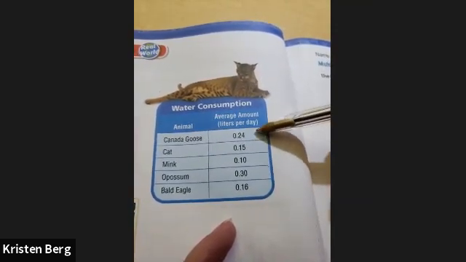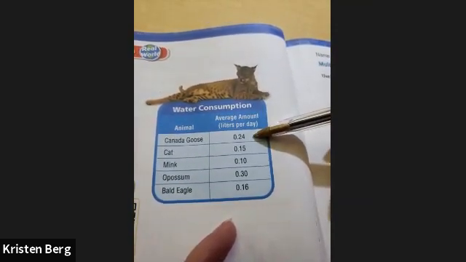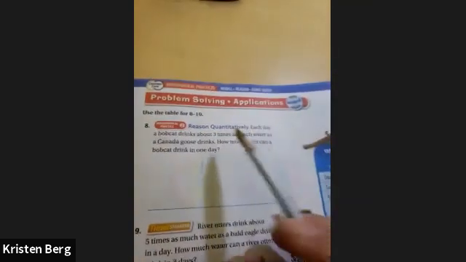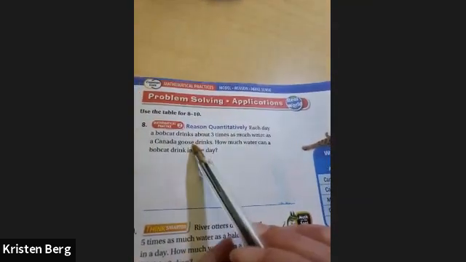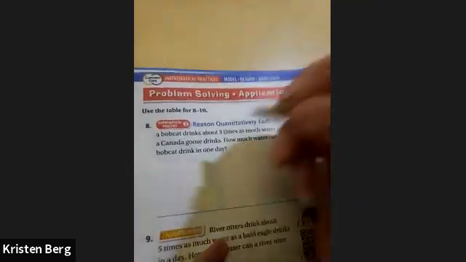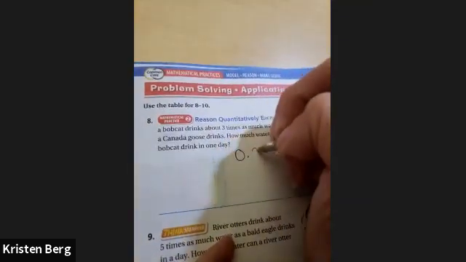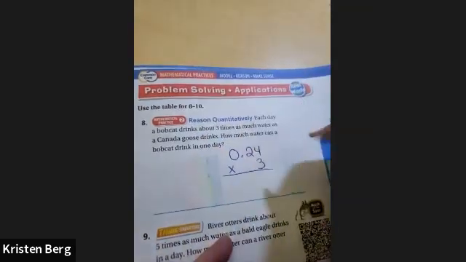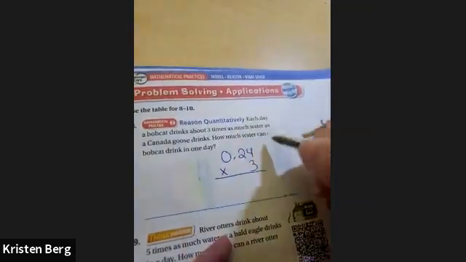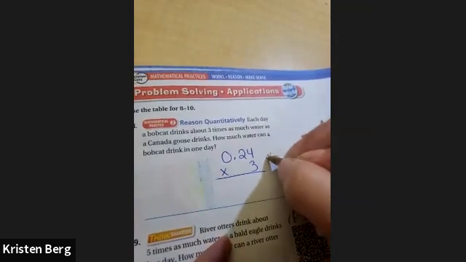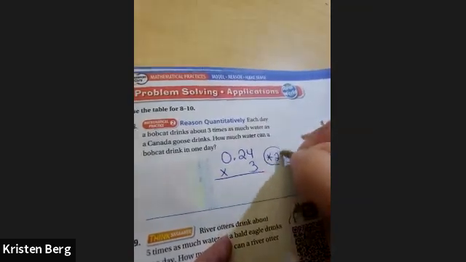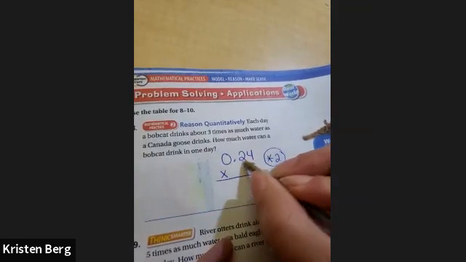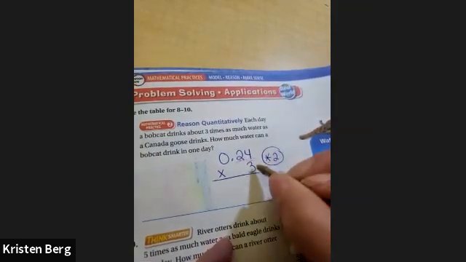In this case, it says a Canadian goose is 24 hundredths. And it says that a bobcat drinks 3 times as much as a Canadian goose. So remember, a Canadian goose was 24 hundredths, and then we would times it by 3 to figure out a day's worth for a bobcat. When you do this, make sure you see how many decimal places need to be pushed in.